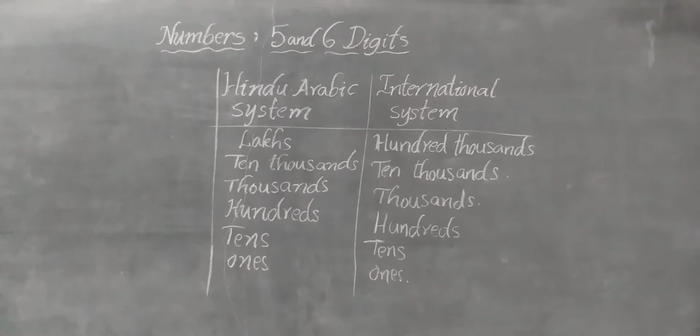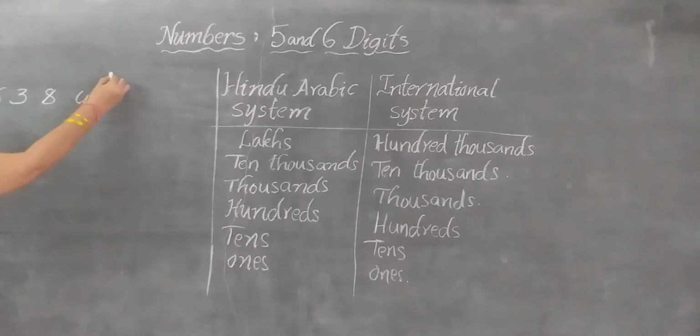A 5 digit number has 5 digits. 6, 3, 8, 4, 1. How many digits are there? 5. 1, 2, 3, 4, 5. Try to say the place values.